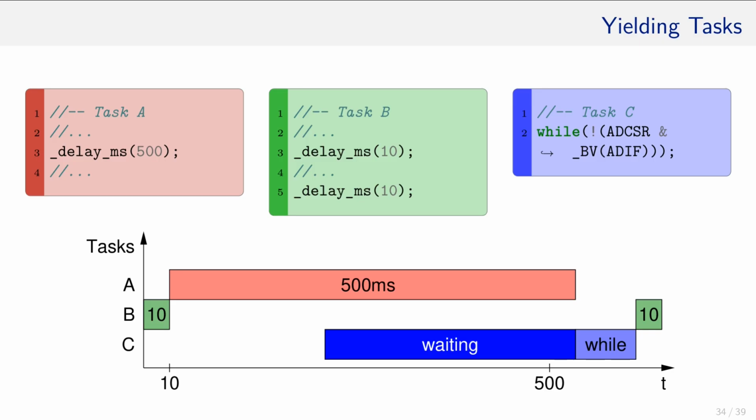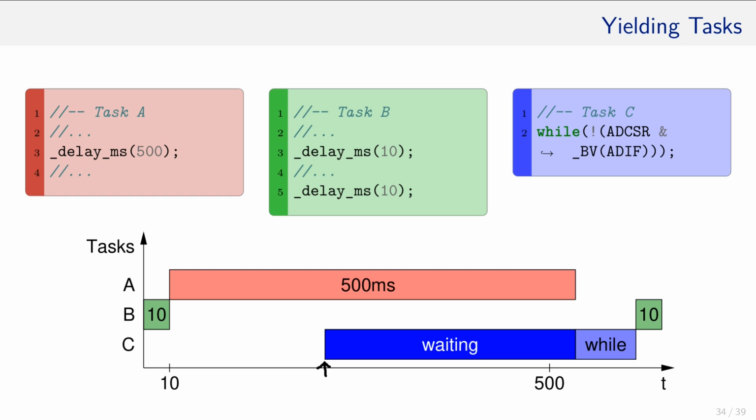At some point in time, task A will execute a waiting delay of 500 milliseconds. Around halfway into that delay, the ADC becomes ready, and task C is waiting to get access to the CPU while task A is still in a delay loop.